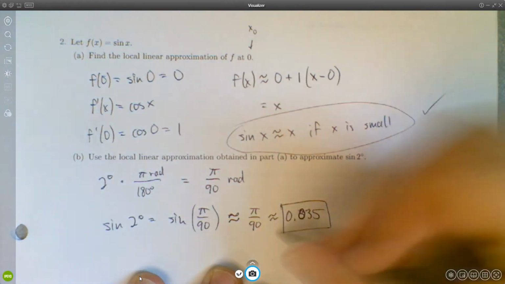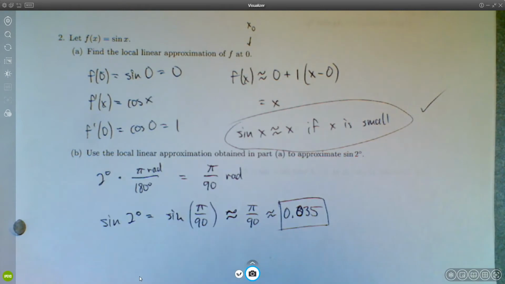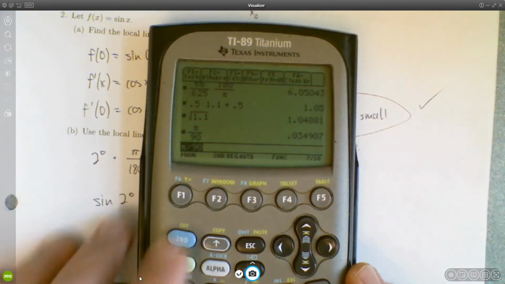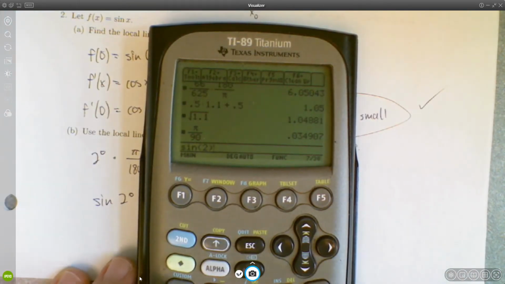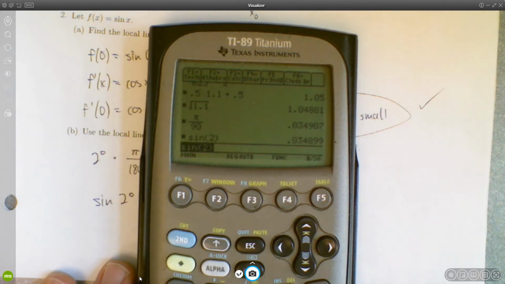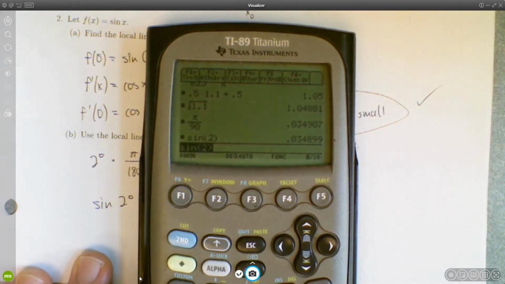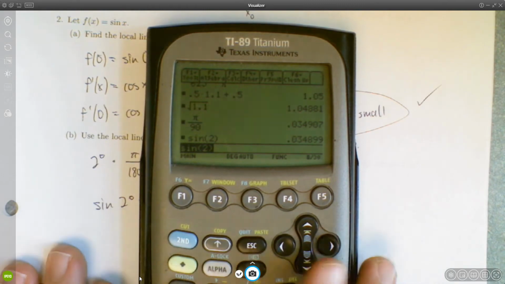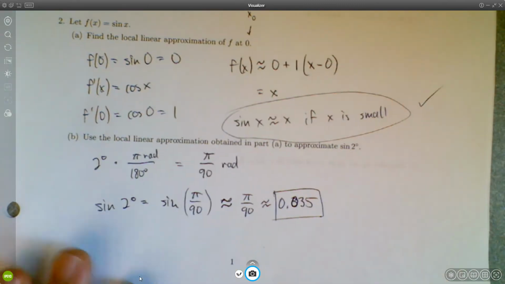So there you go. Let's see how good that is. So sine 2 degrees, well, that's pretty darn close, right? That's pretty darn close. So there you go.